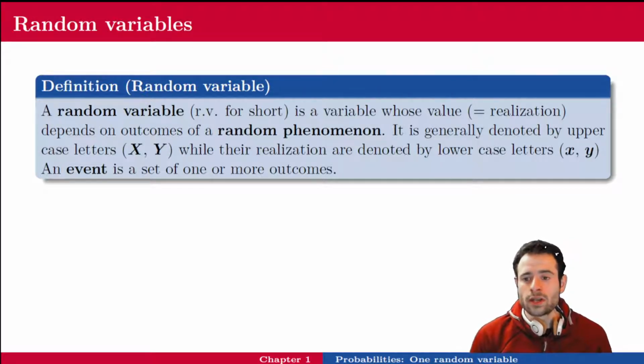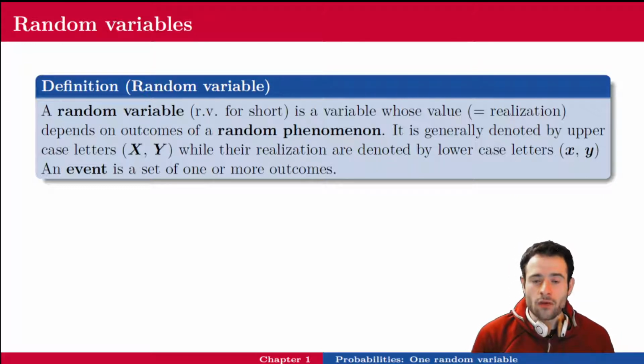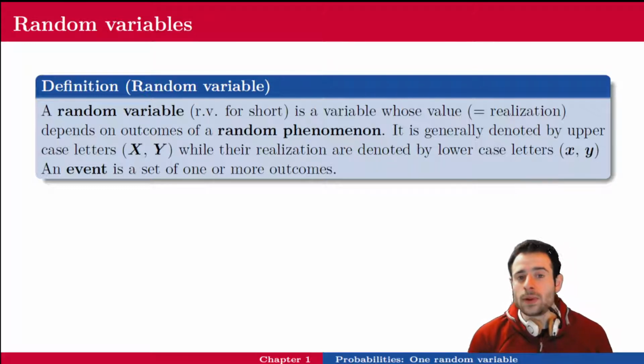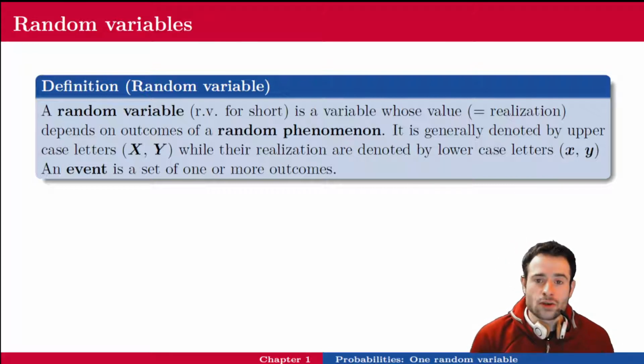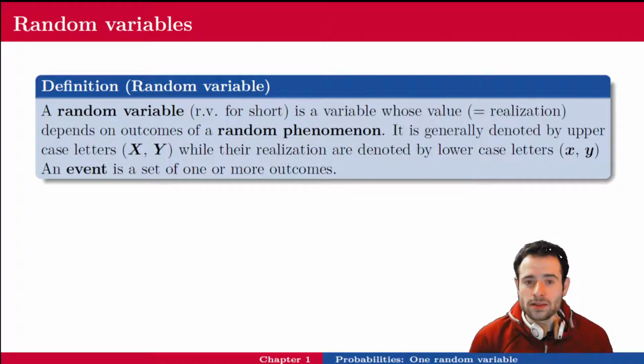It is generally denoted by the uppercase letters X, Y, Z, or U, V, while the realizations of these random variables are typically denoted by lowercase letters, small x, small y, small z, and so on. An event is a set of one or more outcomes. Since we talk about random phenomena here, then we will talk about some kind of random events.